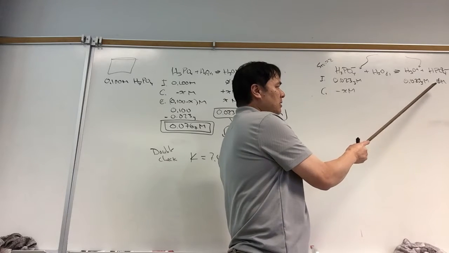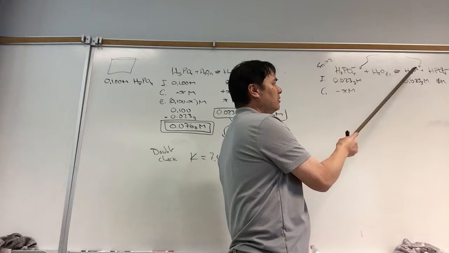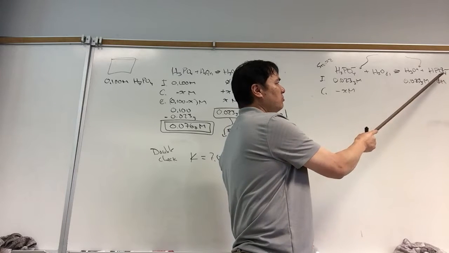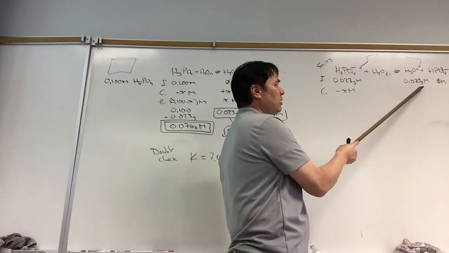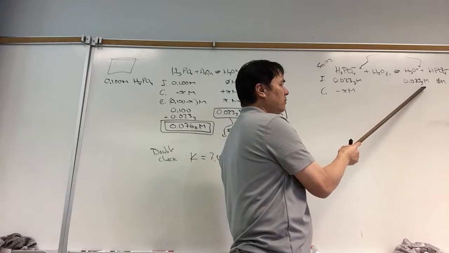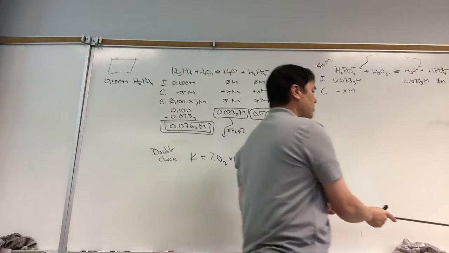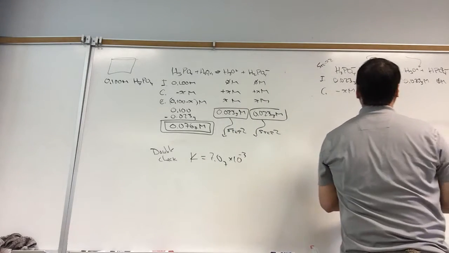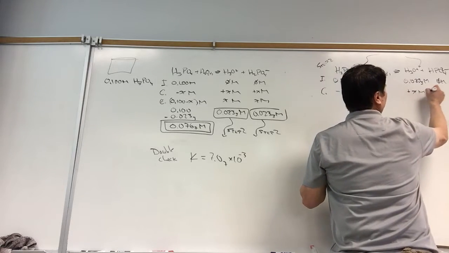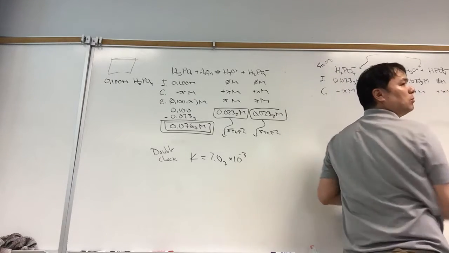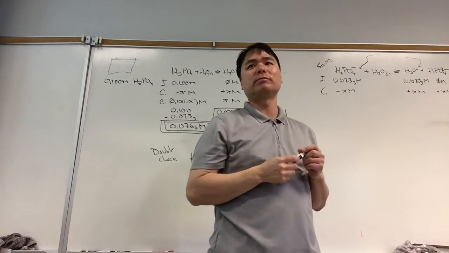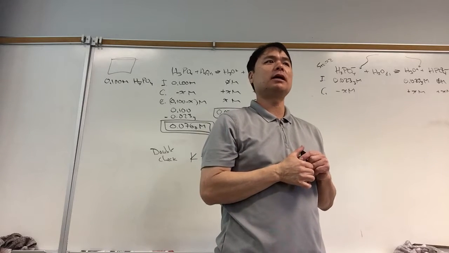If the fields were empty, we could populate those fields with hydronium and monohydrogen phosphate, but the fields have this predator, which is the hydronium, which is going to attack the monohydrogen phosphate as it's being formed, which means that the plus X here and the plus X here are going to be even smaller than what would be expected from the K because of the common ion effect.